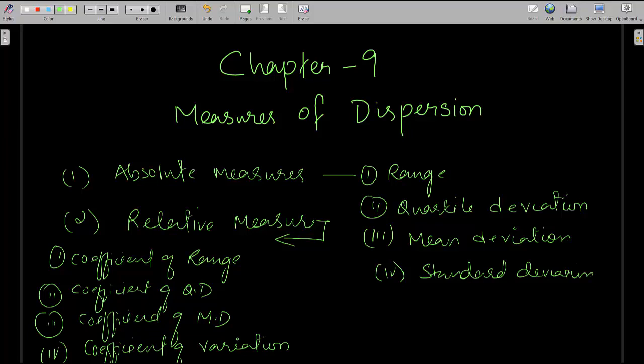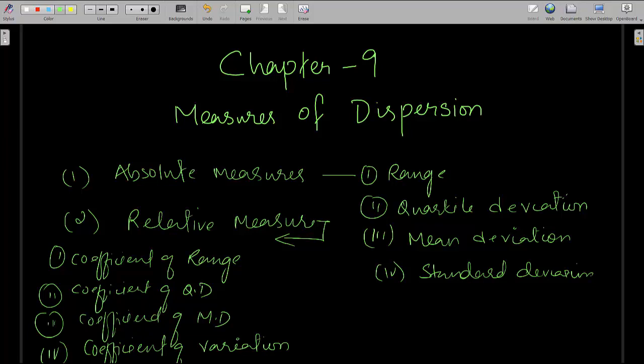And remember, in all these absolute measures also, there are individual series, discrete series, and continuous series, and the formulas for all the series are different. Not very different, but there's a slight difference in all the formulas. I hope you all remember how we calculated mean, median, and quartile in the previous chapters.